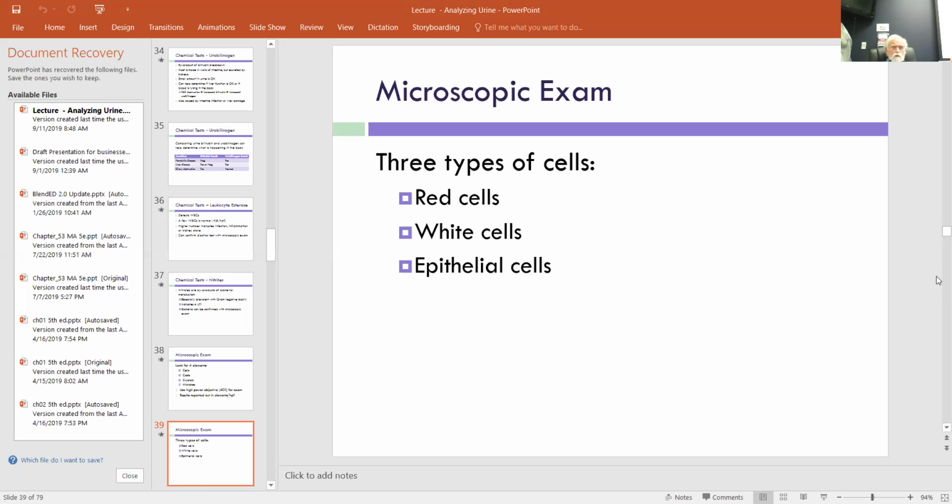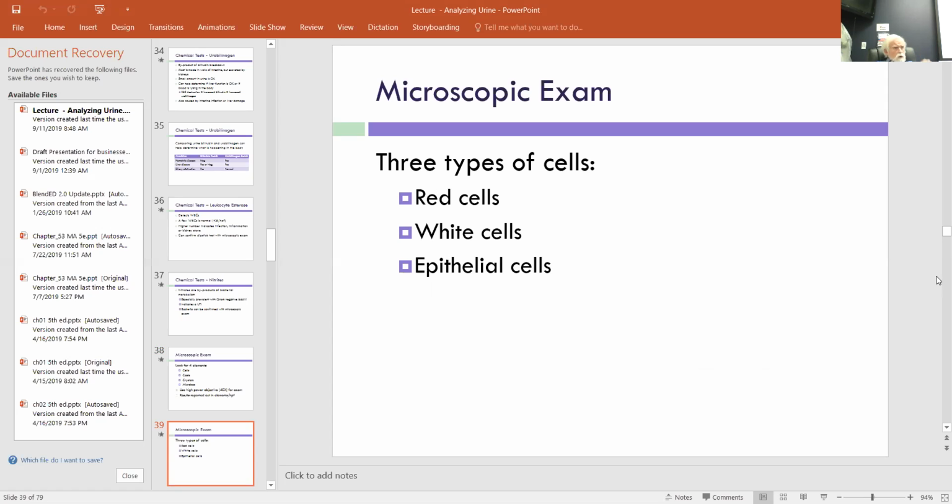Because it takes time. You have to prepare the samples, clean the microscope, and then throw away all the equipment that you used to do the analysis. So it's time consuming, simple as that. But if necessary, you can do that.